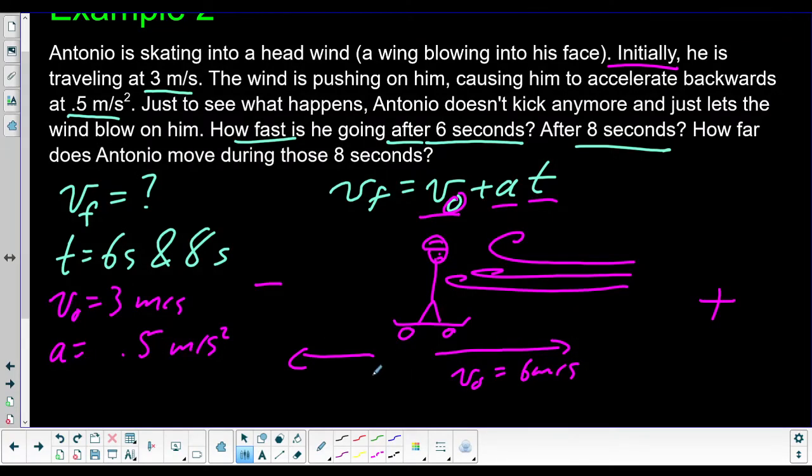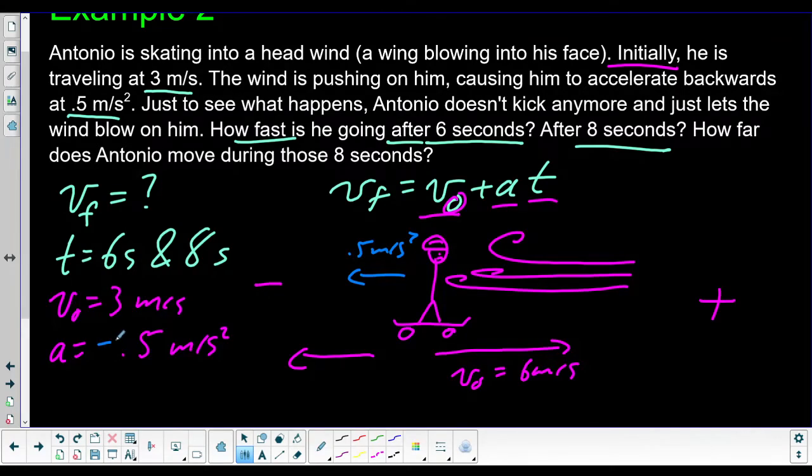His acceleration, let's pick a different color. It's a pretty blue. That's kind of an ugly blue, but oh well. It is 0.5 meters per second squared backwards. The way we're going to quantify backwards is we're going to make that negative.